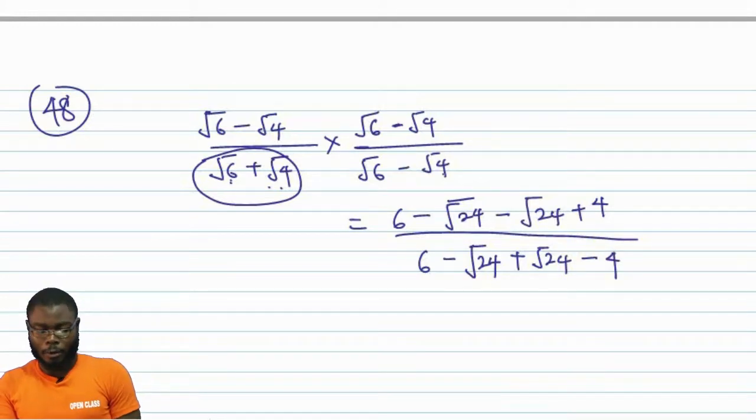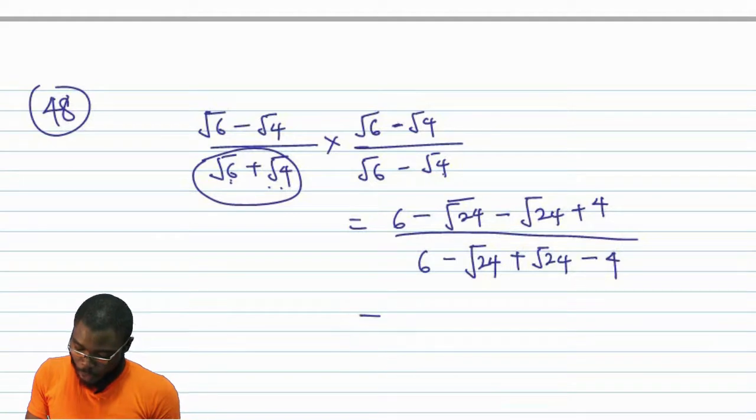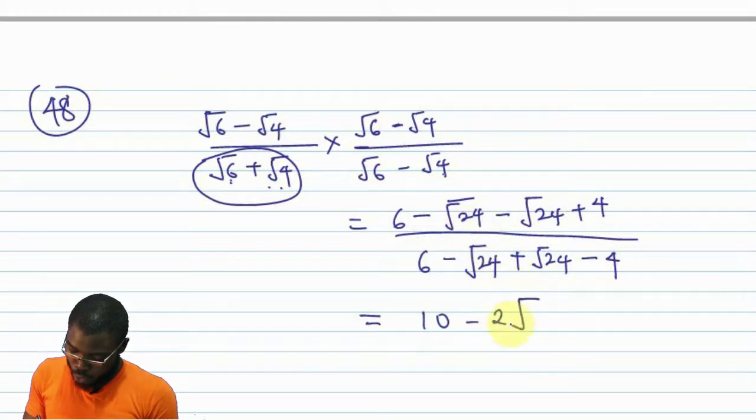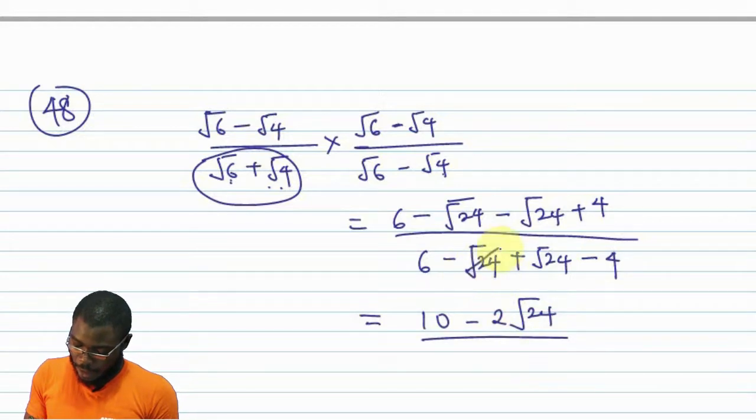Now if you look at it, this is equal to 6 plus 4, that gives us 10, minus 2 root 24. If you add this and this together, you get 2 root 24, all over, this cancels out this. 6 minus 4 gives us what?